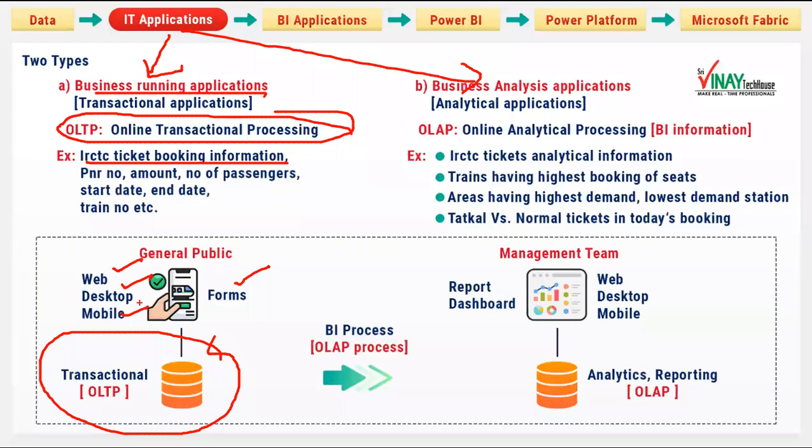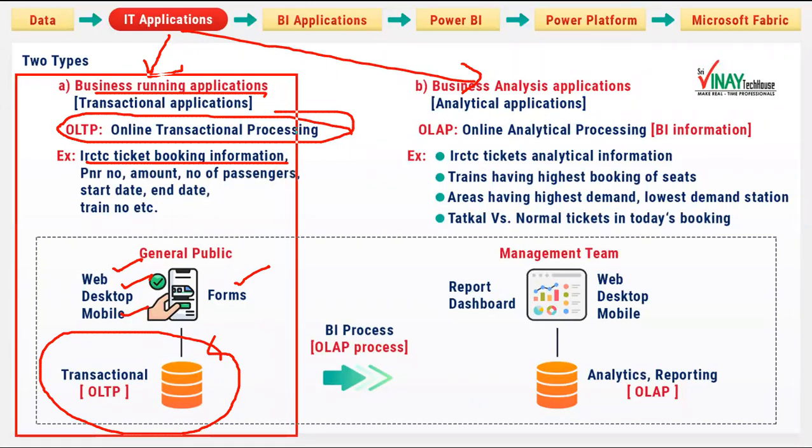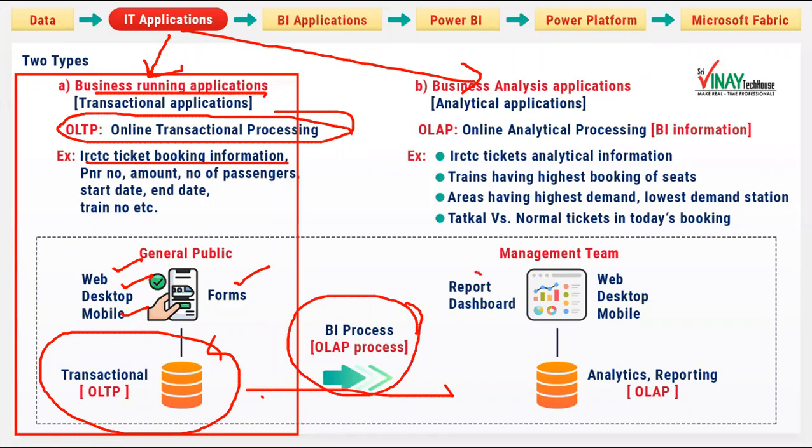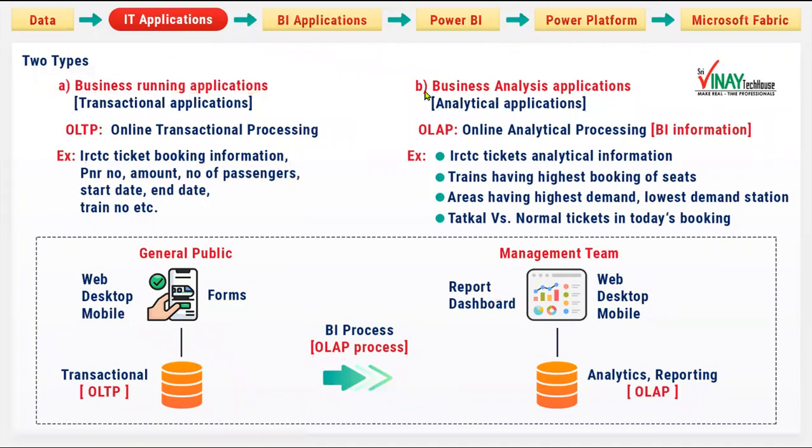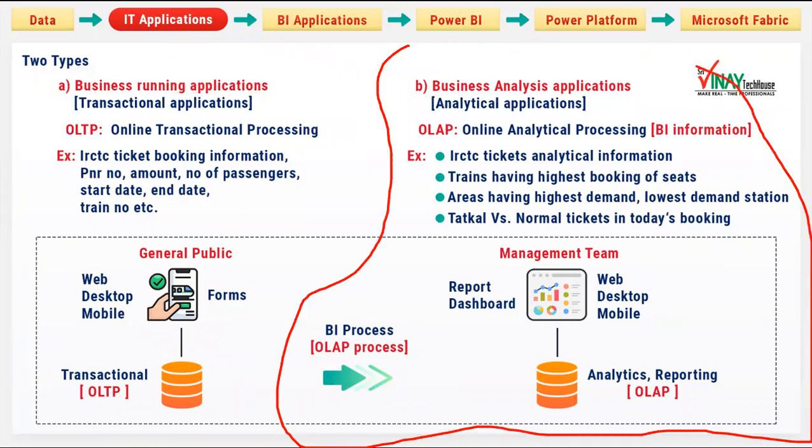This is the first category. And the second category, this data we take, implement the BI process, and generate a report or dashboard. That report or dashboard customers access through web, desktop, or mobile. And this is called business intelligence or analytical processing. And you guys are showing interest in this BI environment.